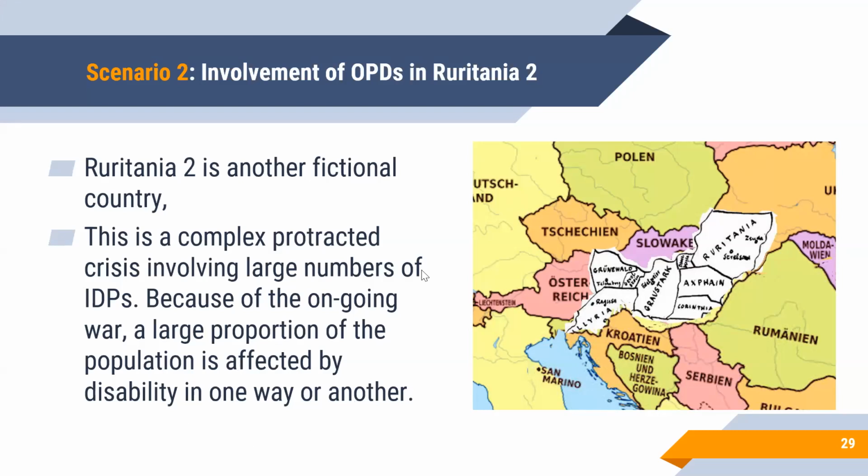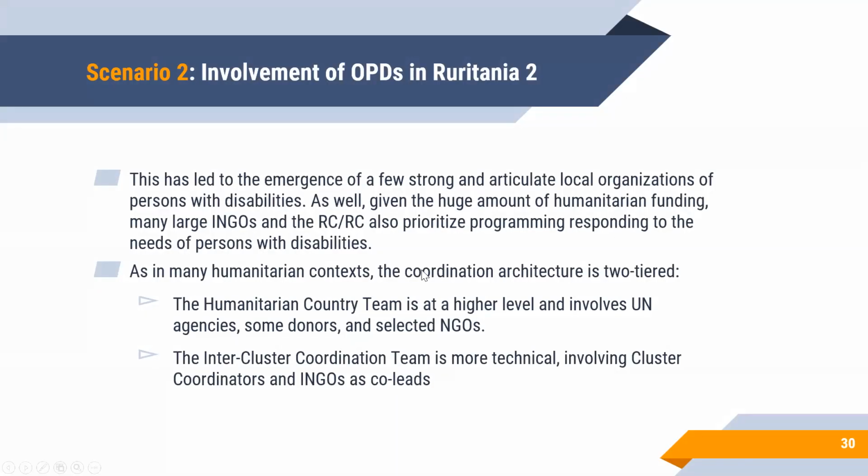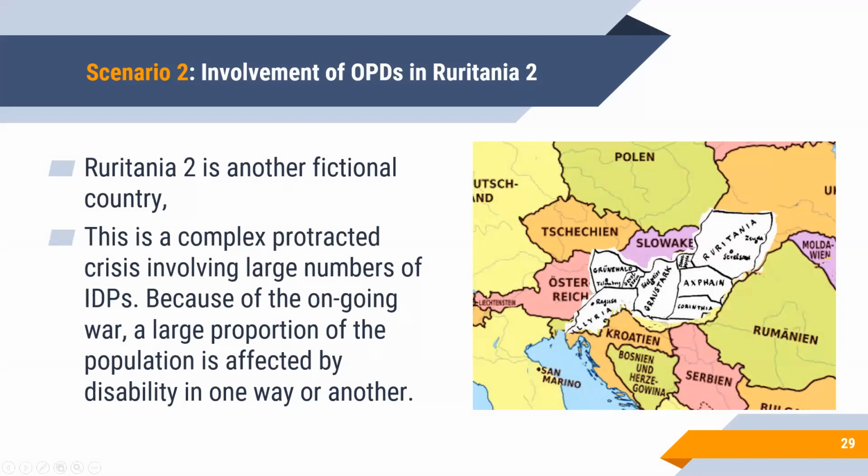Okay, due to this being a long-term ongoing war, there has been a high exposure to explosive ordnance, to conflict in itself, low security of roads, low access to nutrition, healthcare, etc. So the prevalence of disability in the population is higher than in other contexts.